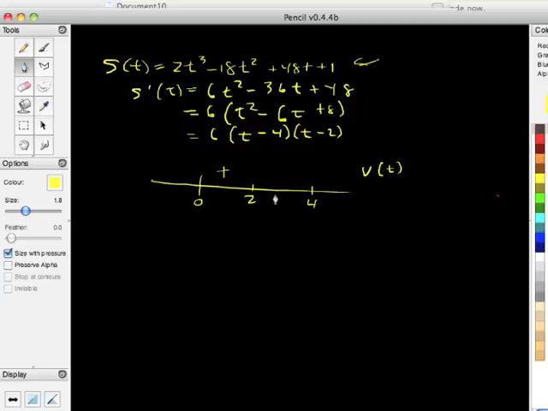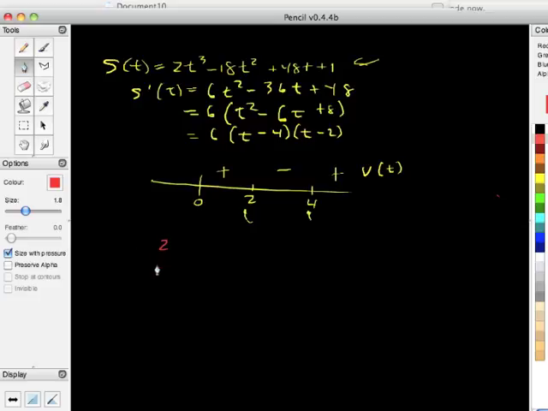And between 2 and 4 we have, let's say the number 3, so 3 minus 4 is negative 1, 3 minus 2 is 1, so it's got to be negative here. And above 4, let's pick the number 5. 5 minus 4 is positive, times 5 minus 2 is positive, so it's positive. So 2 and 4 are turnaround points.